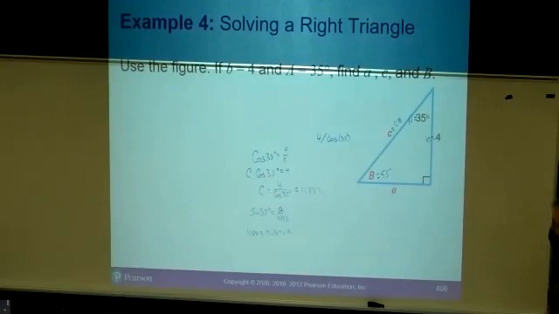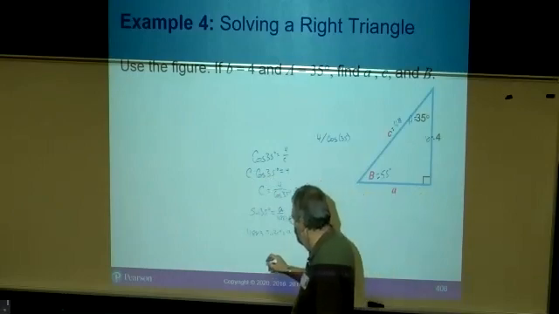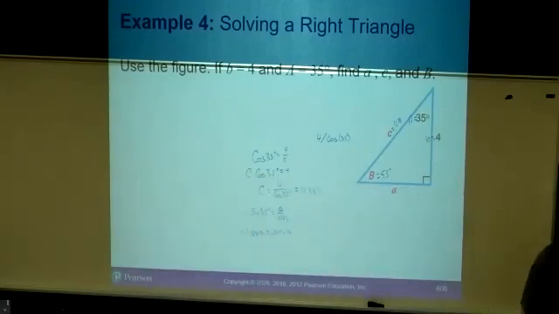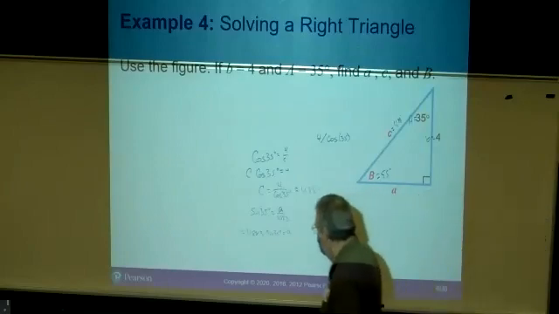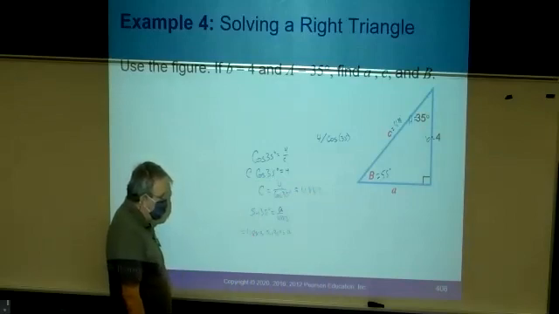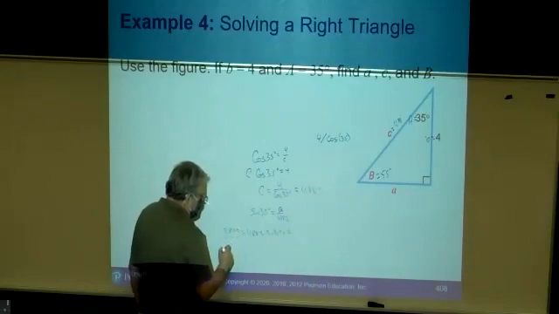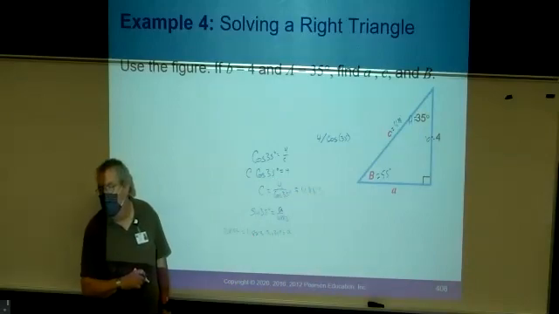So you just punch that in the calculator and what do you get? 4.883 times the sine of 35. 2.8. I got 2.8.